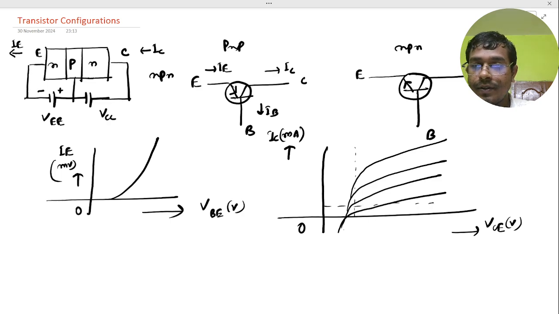This region is the cutoff region, and that one is the active region.